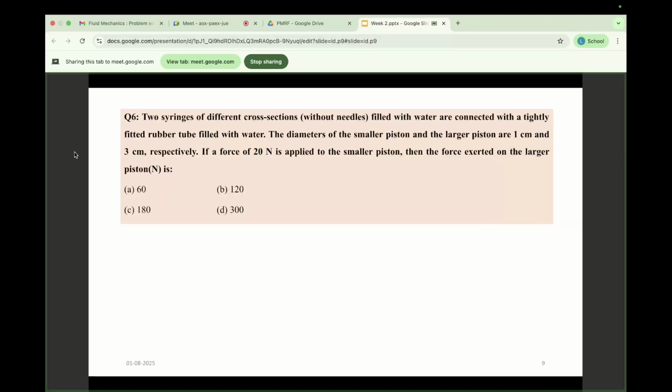So what I can tell from Pascal's law. Here they are talking about two different syringes. So this is one syringe, and this is two, and say no needle is there, because if there is a needle then flow will come out, and then this law will not be applicable here.